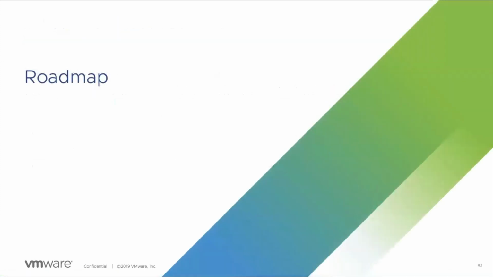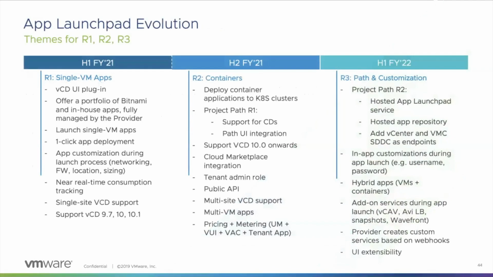So that's the architecture and generally how it's built and how App LaunchPad interacts with vCloud Director. Now just briefly looking at the roadmap. So we've talked about version 1 of App LaunchPad, which is going GA Q1 2020, and that supports single VM applications.